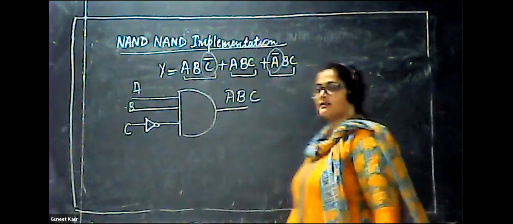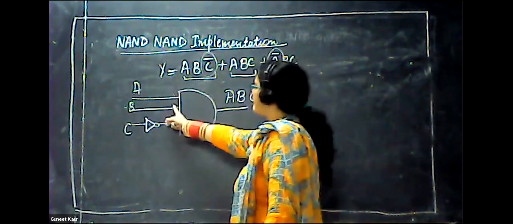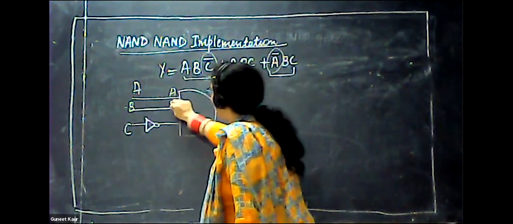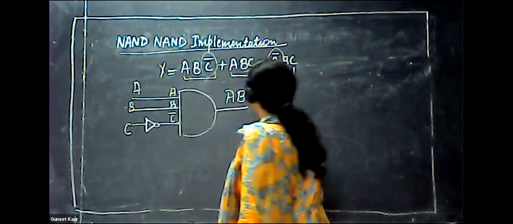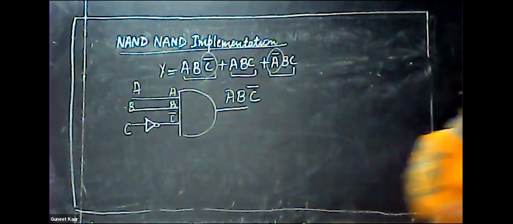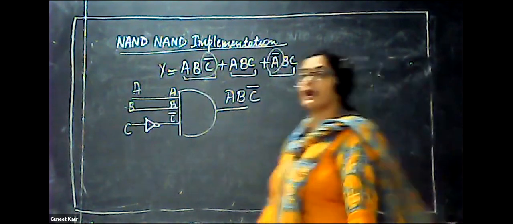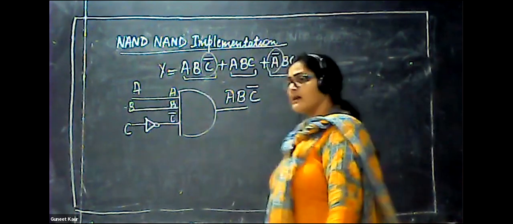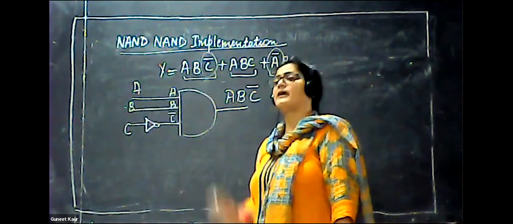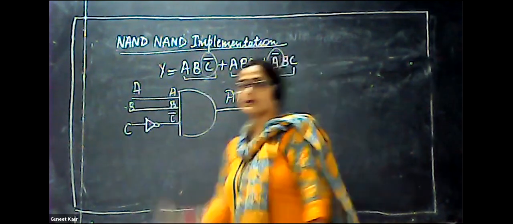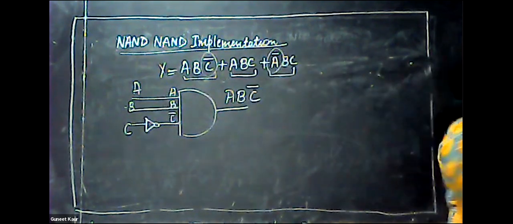This will give you A here, B here, C bar here. So this will give you the expression A B C bar. Because I am making your diagram using only AOI logic, in which I will use only AND gate, OR gate, and NOT gate.